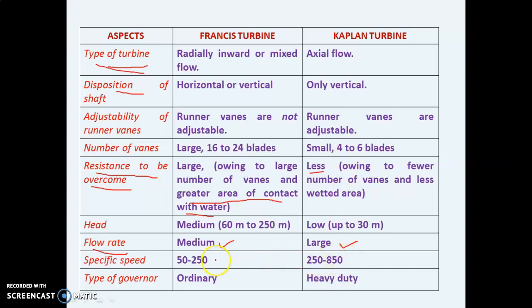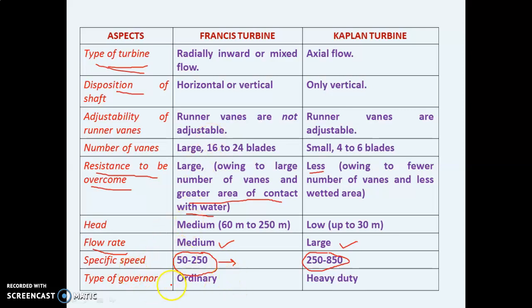Now you can see Francis turbine has a low specific speed, and Kaplan turbine has a very large specific speed, hence it is used for large discharges and low heads. And the specific speed of Francis turbine is medium, so it is used for medium discharge and medium head.